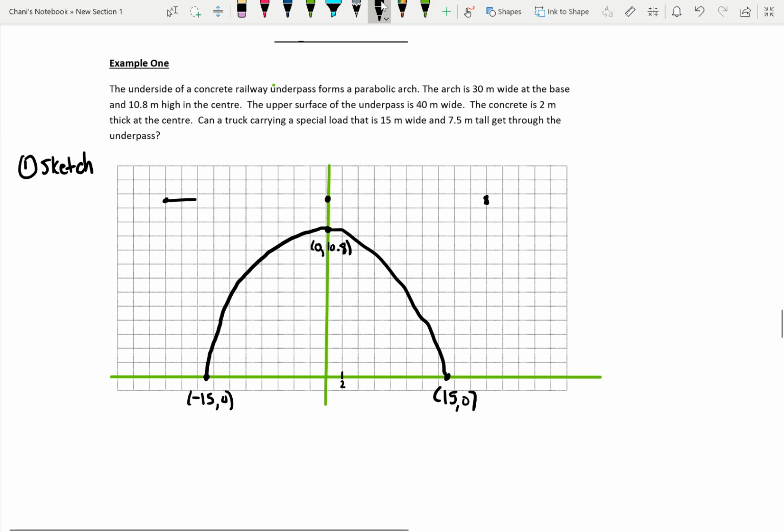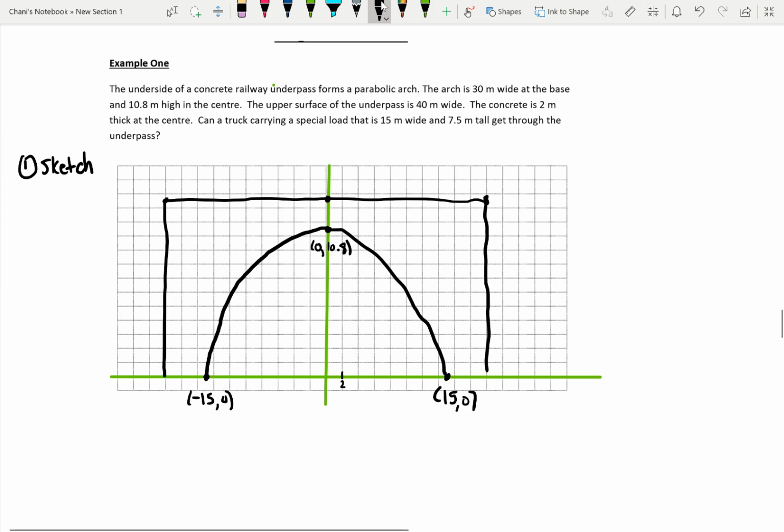Okay, so that is the very top of the bridge, and then it would come down here. So the actual bridge part, to be honest, doesn't really matter. It's just to help you draw a picture. Really, the only part we care about is the parabola.